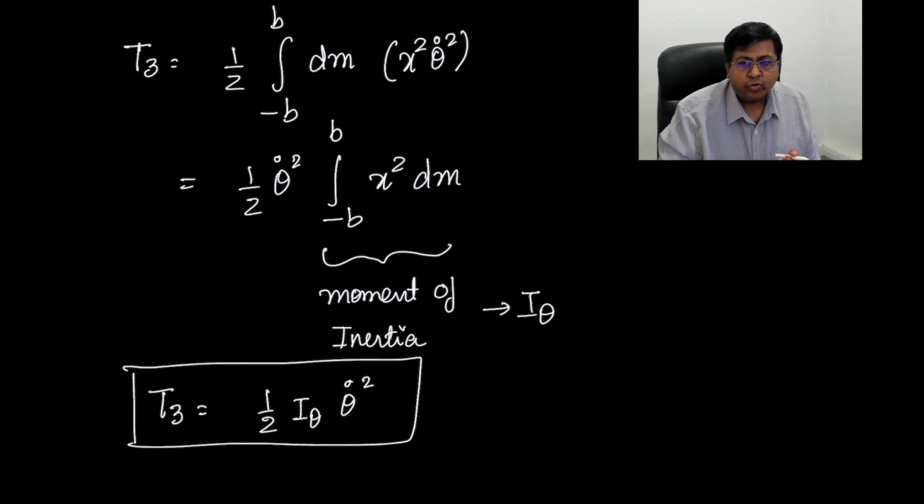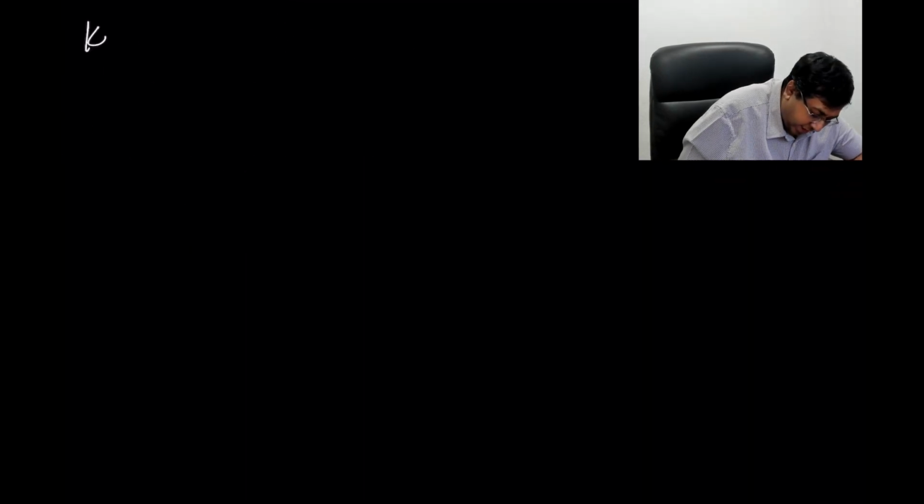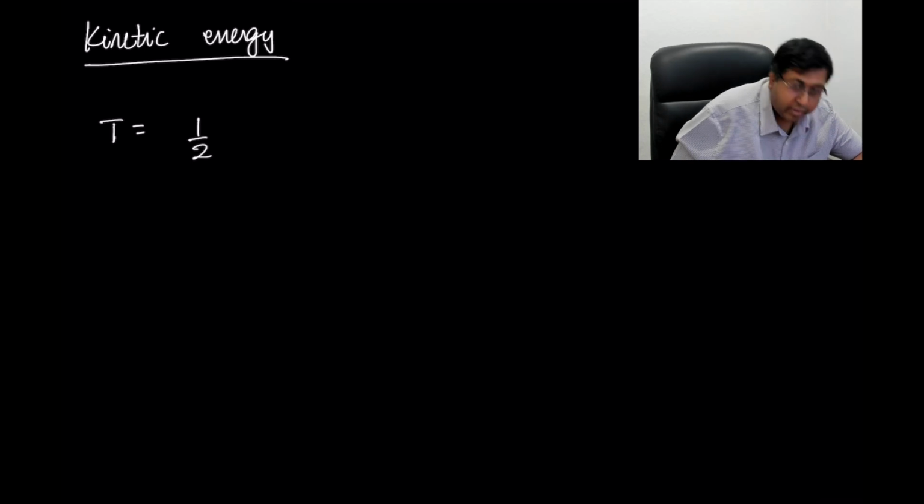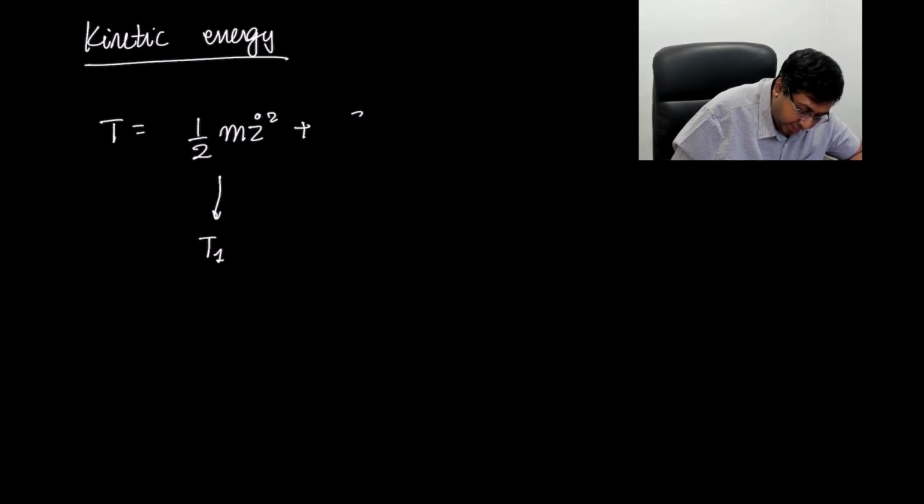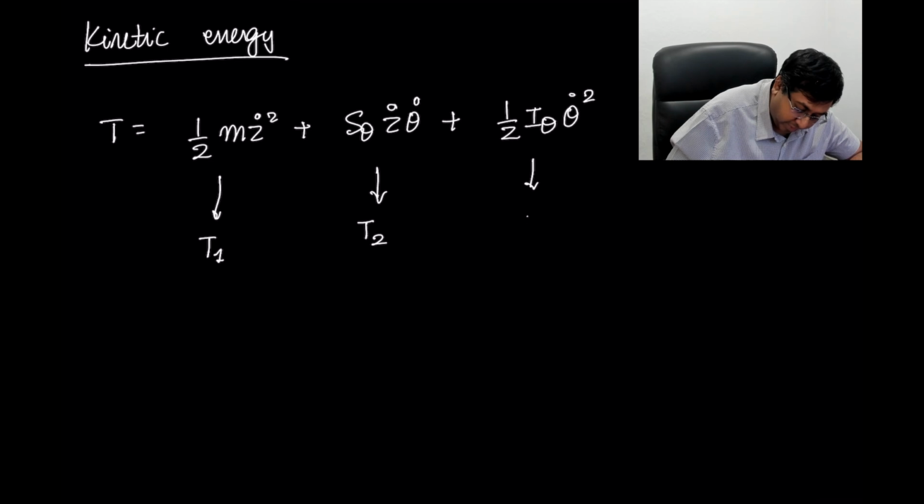Now if we put all three terms together, our total kinetic energy T is half m into z dot square, coming from term 1, plus S theta into z dot into theta dot coming from term 2, plus half I theta into theta dot square from term 3.